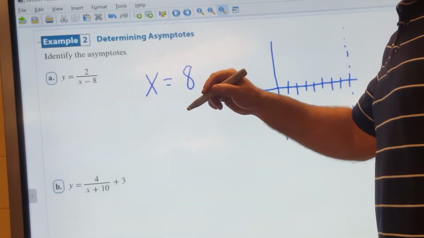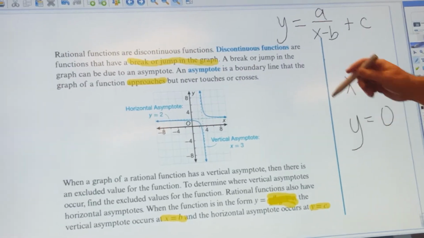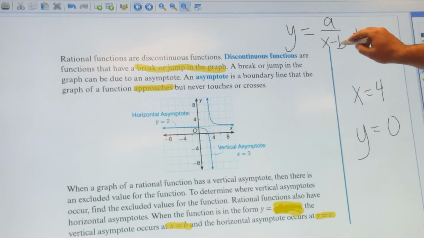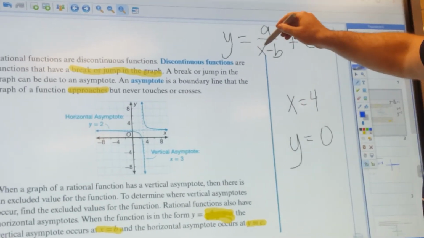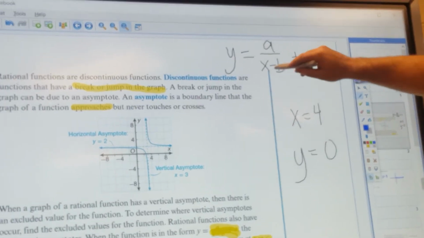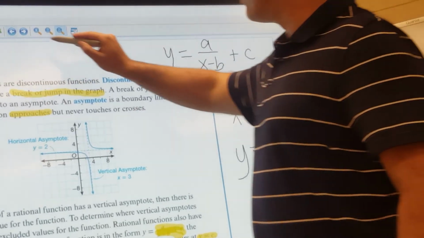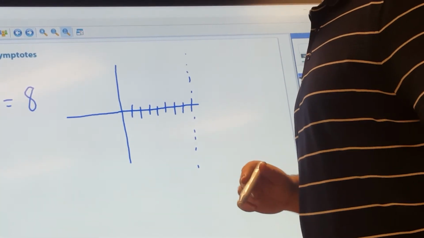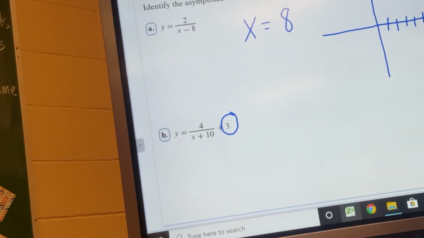Now if I go back a slide, you find your vertical asymptotes by whatever value would be in the form x minus b that goes in there. Those are the vertical asymptotes. Whatever number's added to it gives us a horizontal asymptote. Looking at this example, this 3 is what gives us a horizontal asymptote.